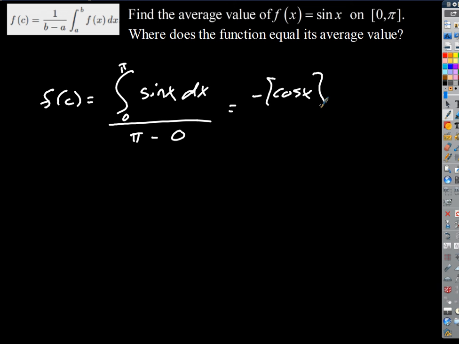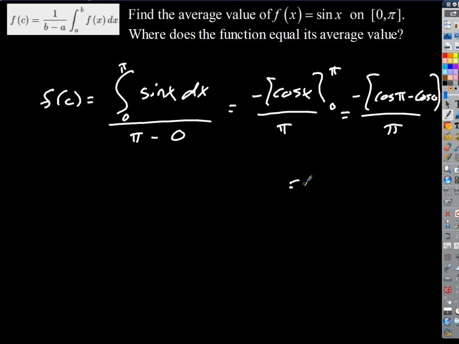I can pull the negative out. I'm going from 0 to pi minus 0. So on the top, that's just going to give me minus cosine of pi minus cosine of 0, right? Well, what's cosine of pi and the cosine of 0? So we're going to get -1 minus 1 over pi, so I'm going to get what? 2 over pi? Anyway, you get the idea.